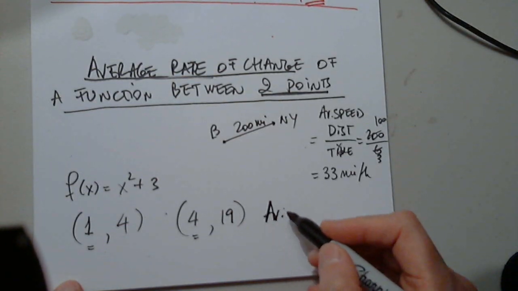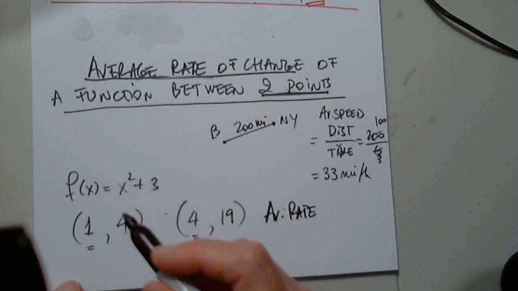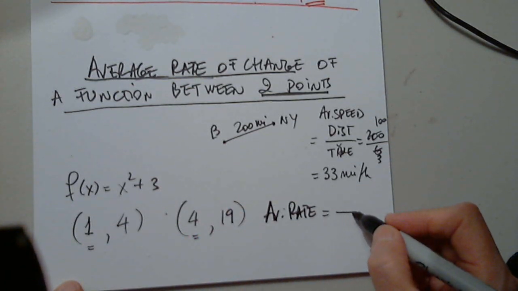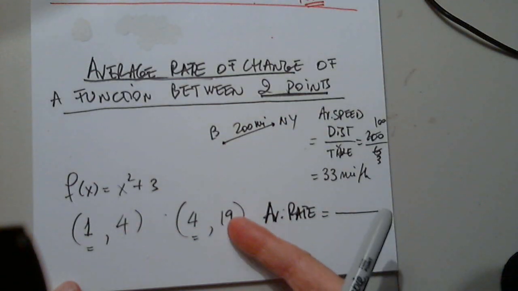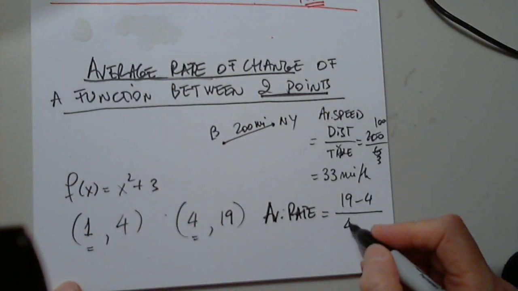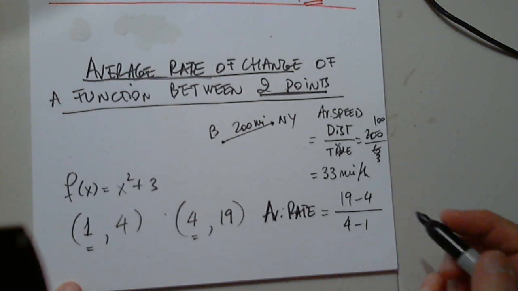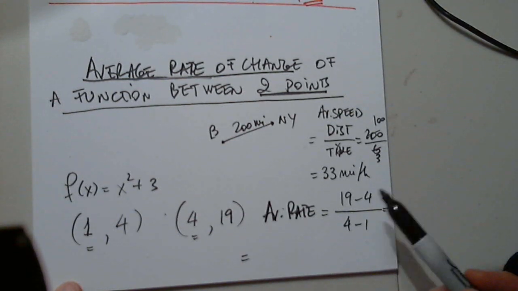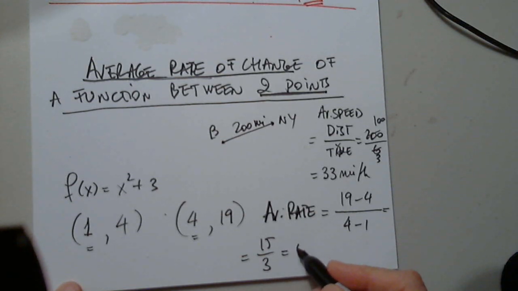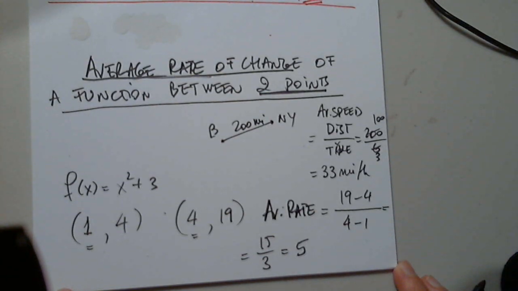So the average rate for this function between 1 and 4 is the slope. 19 minus 4 divided by 4 minus 1. Whatever that gives us. So I have 15 at the top, and I have 3 in the denominator, so the rate of change is 5.